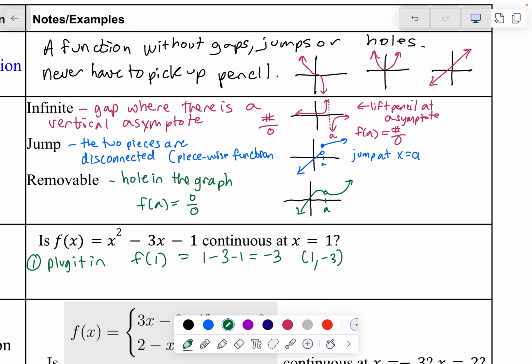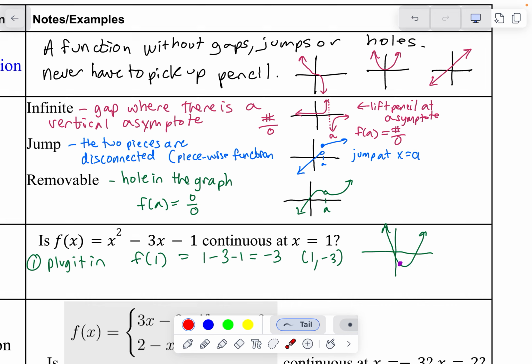X squared minus 3x minus 1. Yeah, okay. If we were to graph it, it looks something like this. Sorry, it's a little lopsided there. And as you can see, if it's at the point 1, -3, it's about right there. My math bug could walk through that point.